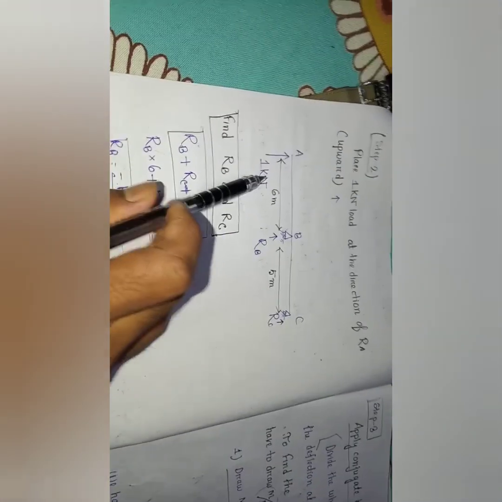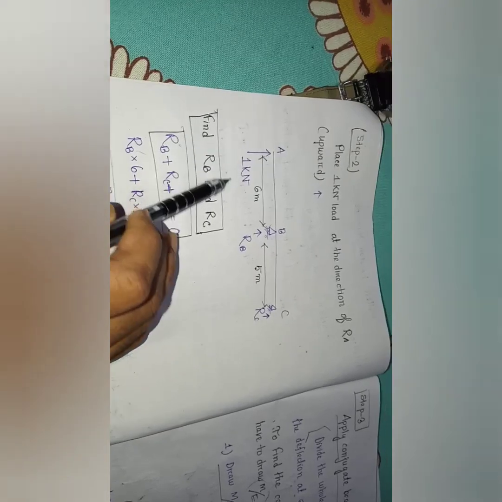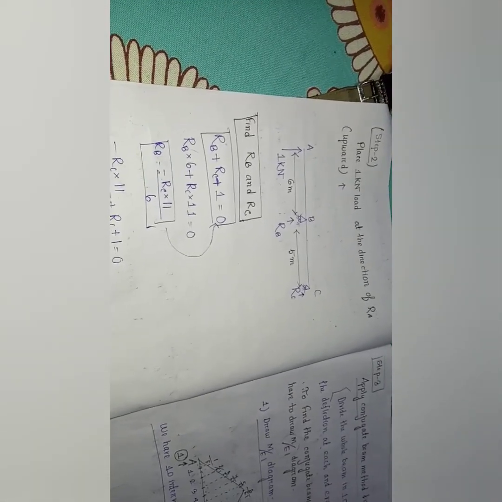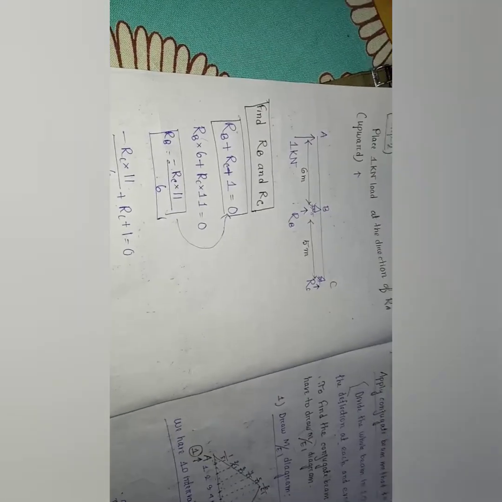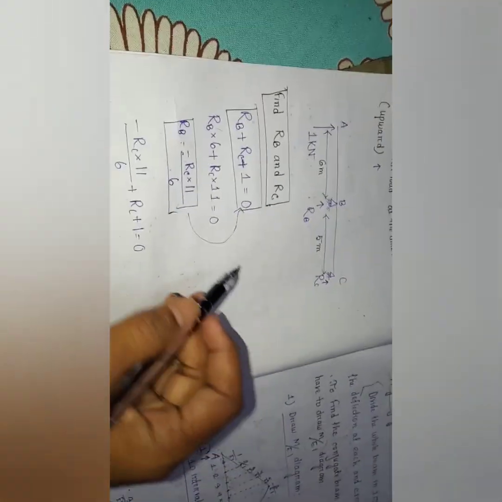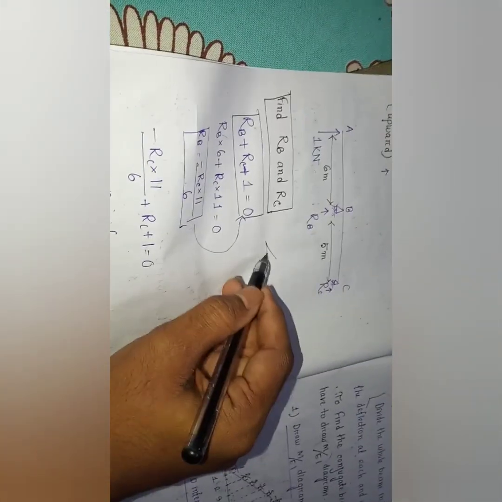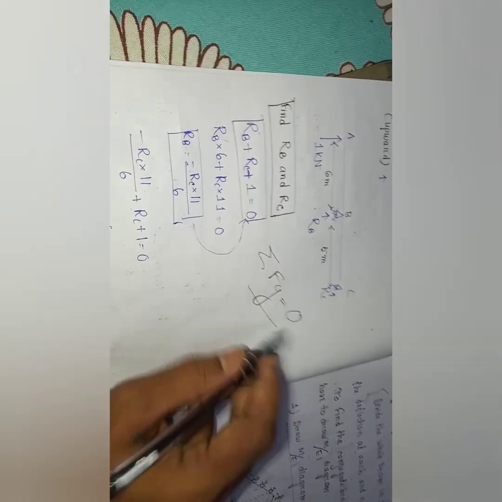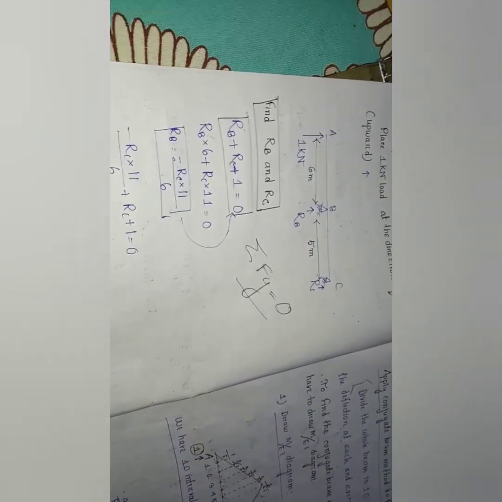So according to the step we have placed this 1 kilonewton load upward at A, right? So due to this 1 kilonewton load, now we have to find the value of RB and RC. Okay, then how will you get these values? First we can apply summation of Fy equals 0. That means the summation of the vertical forces equals 0.